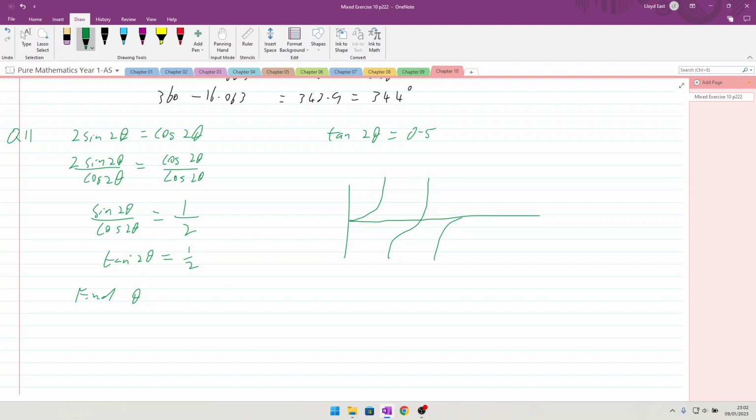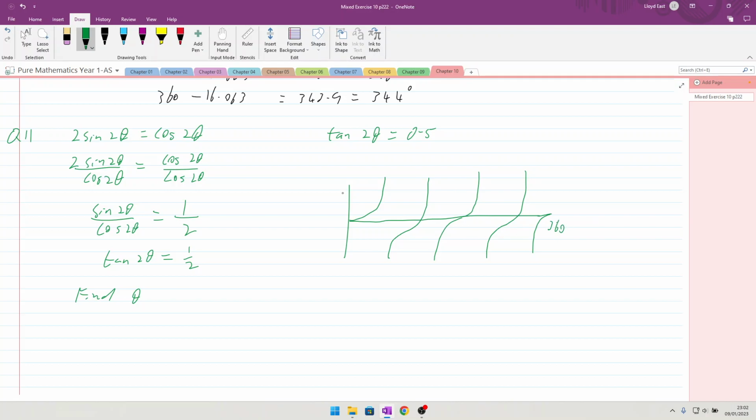But because this is 2 theta, it's going to repeat twice in the space of 360, or it has been reduced down in its x size by a factor of a half. So that comes up there. We get another one of them, and we get one of them.